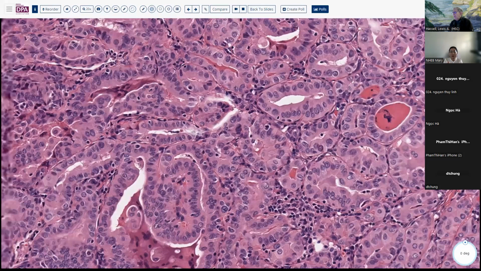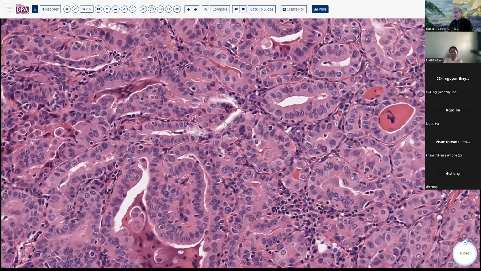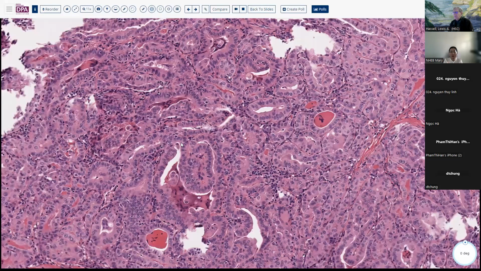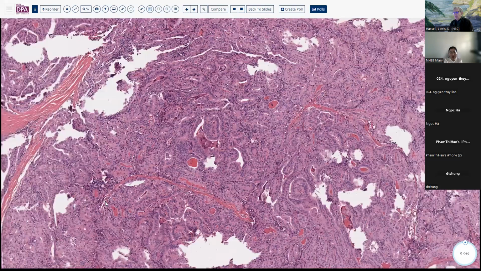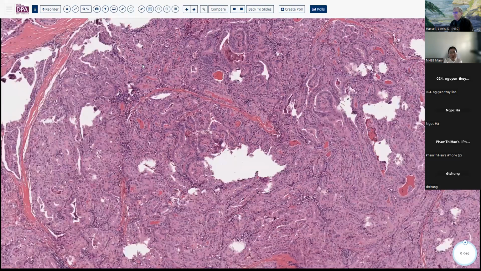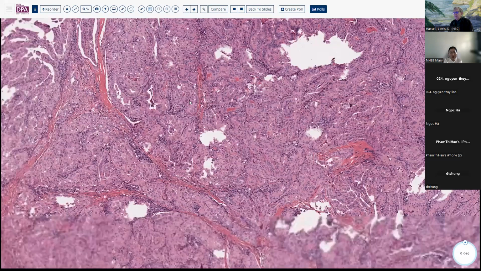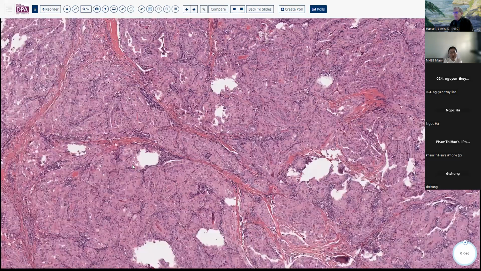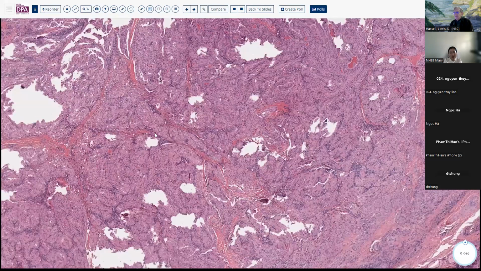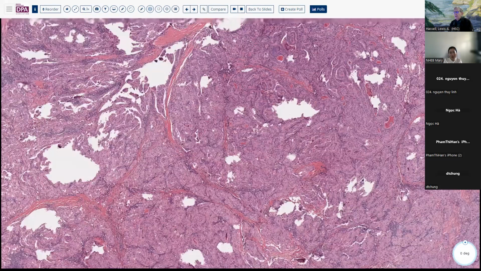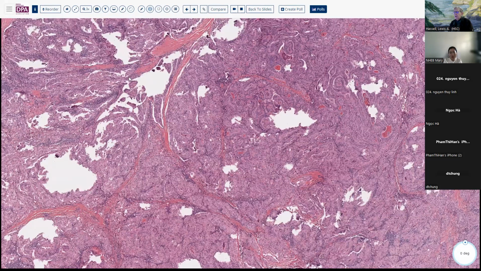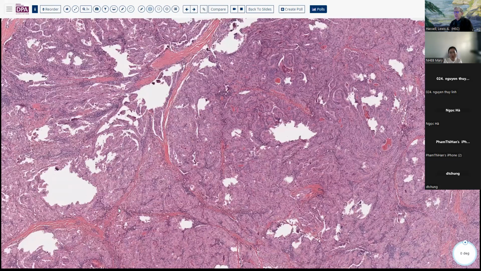Now, some of this has a follicular architecture, as you see, but in a few areas, we actually have a more classical architecture with some papillae. And this, in contrast, appears to have an invasive growth pattern. So here's some of our papillary classical architecture.